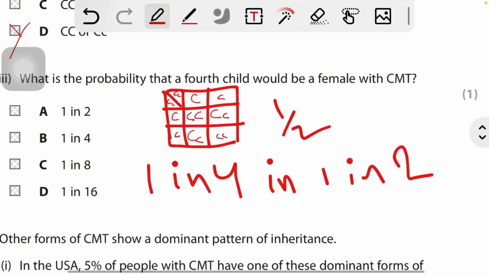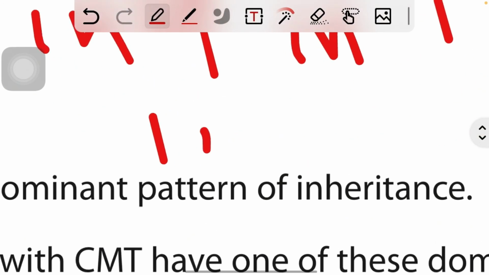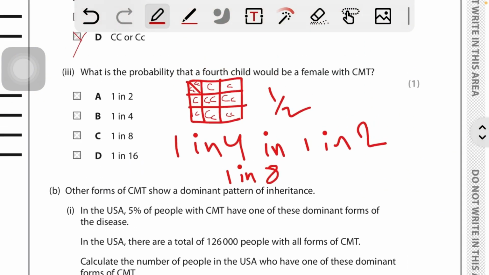So the overall ratio will be 1/4 times 1/2. So the correct answer is 1/8, C.